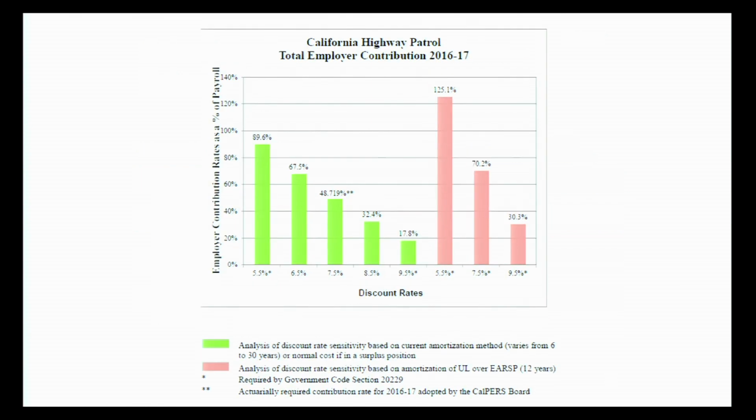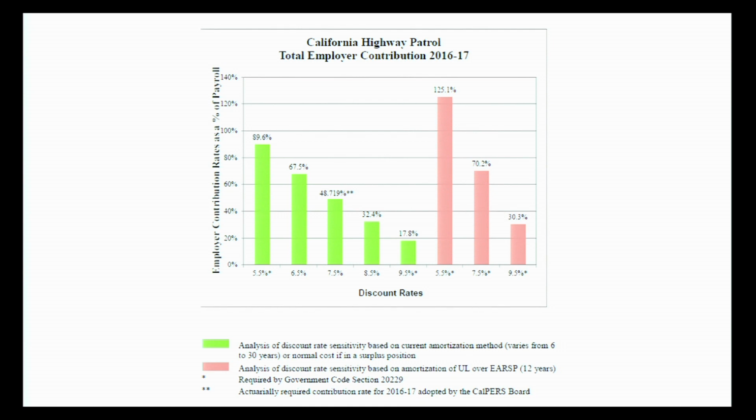And, you look at the Highway Patrol, what's happening? Highway Patrol currently, for every $1 we pay in salary, we pay another 48.7 cents into the pension plan using a 7.5% discount rate.